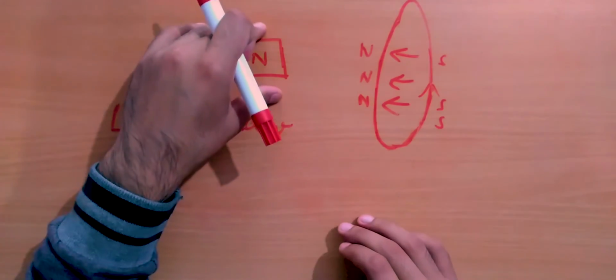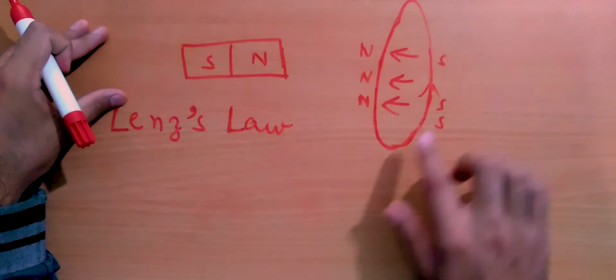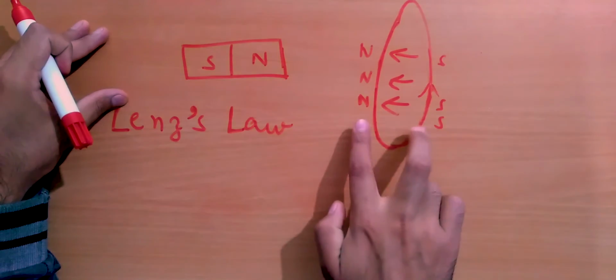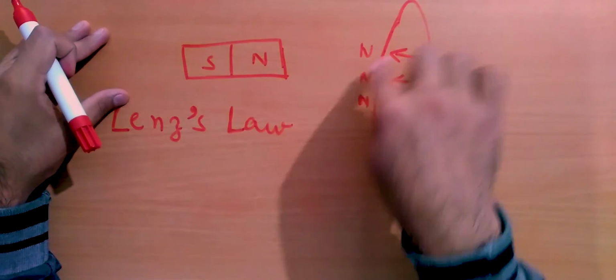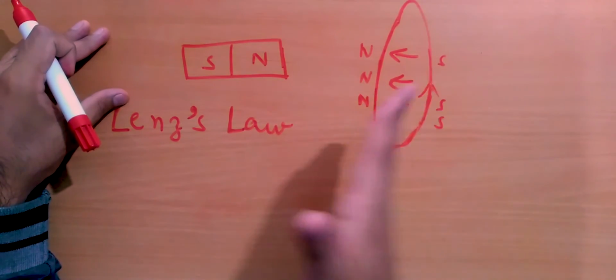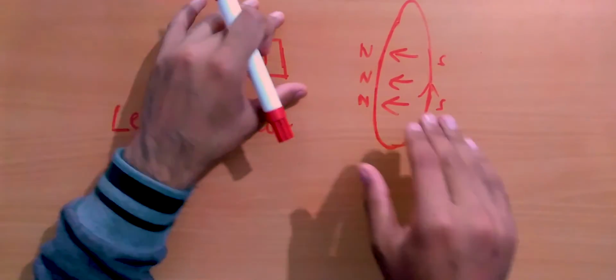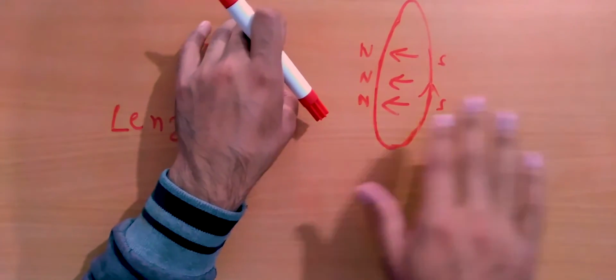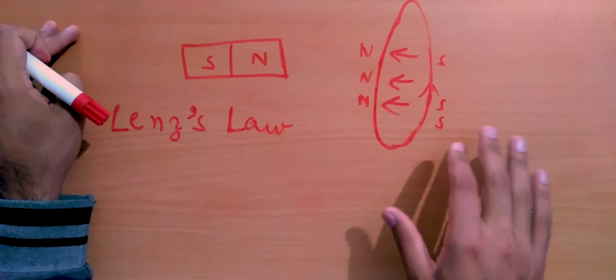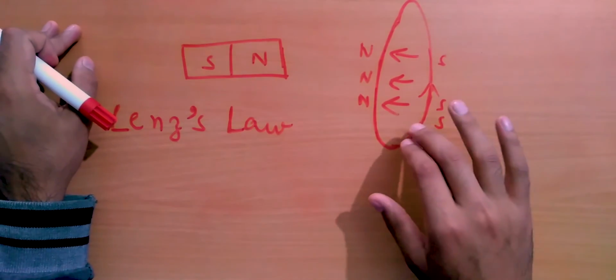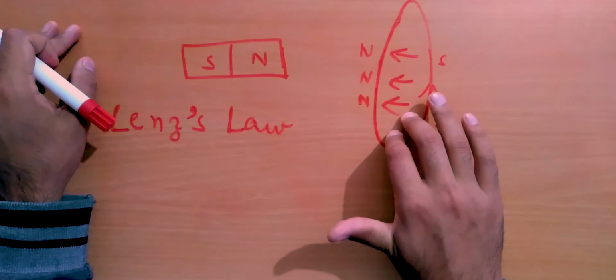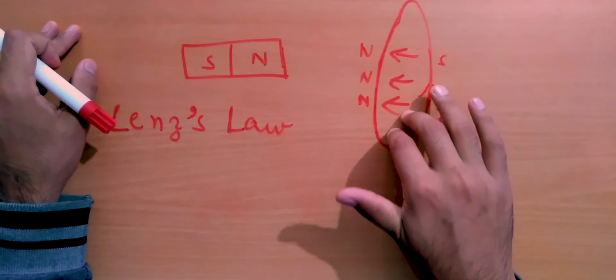Similarly, if I were to be pulling this magnet backwards, the polarity of the current would switch. We would get a clockwise current and we would get a field in that direction, and that field would actually attract the magnet or try to stop it from being pulled away, right? And in that way it is trying to avoid the change in magnetic flux through the coil.